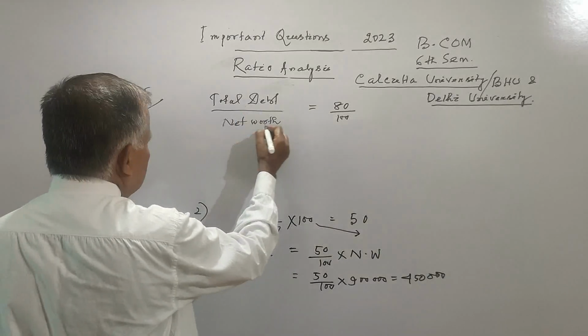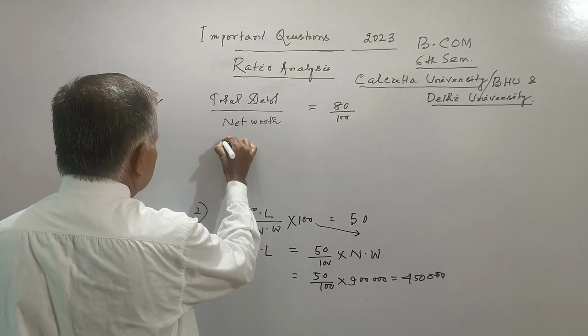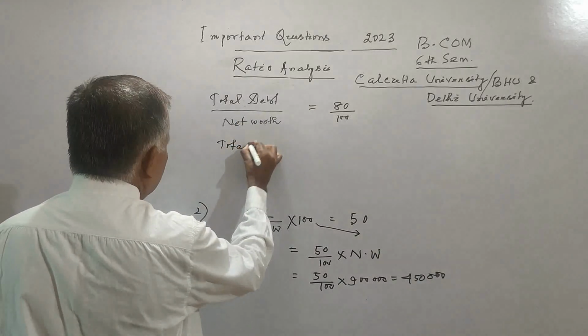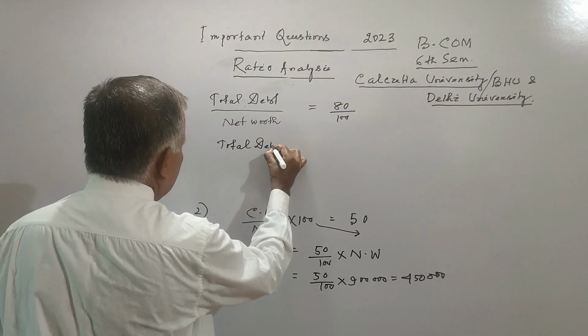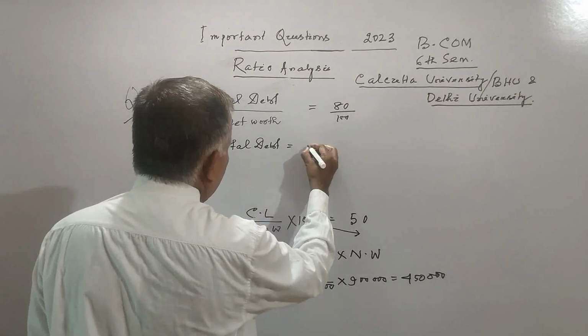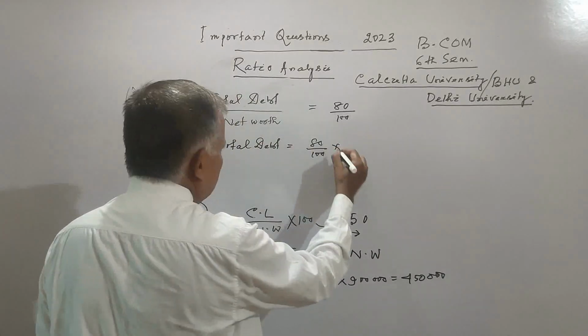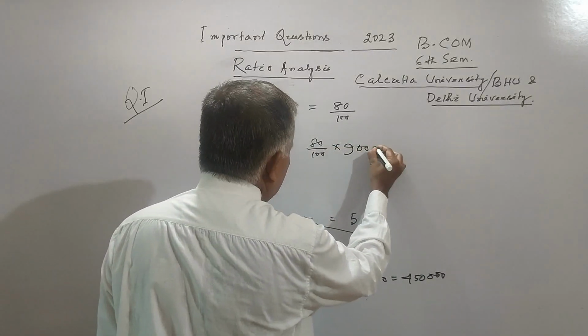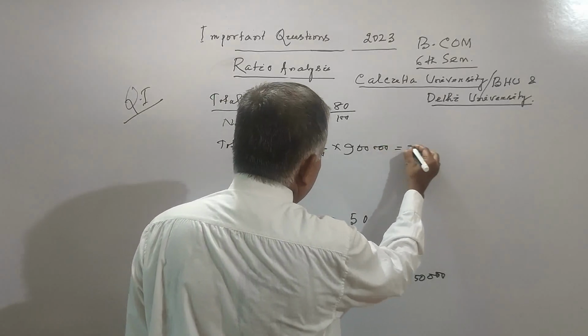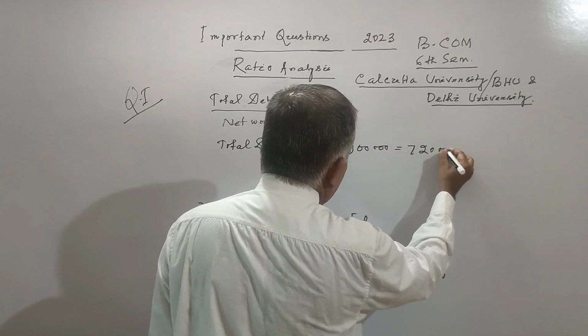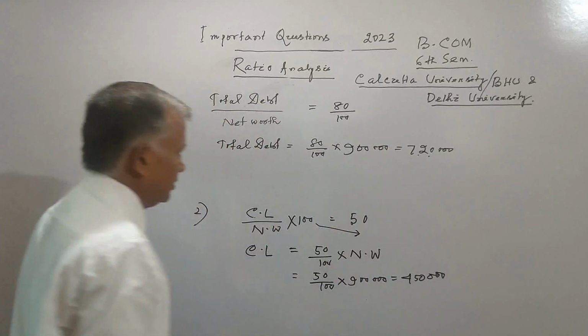So total debt is equal to 80 by 100 into net worth, which is 9 lakh. So it will be 7,20,000, which is your total debt.